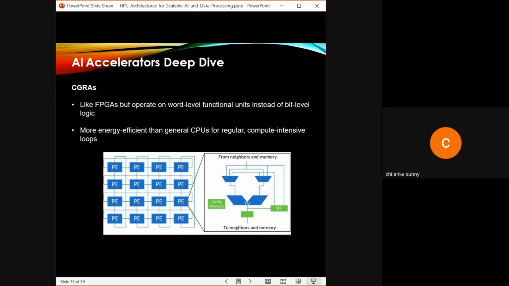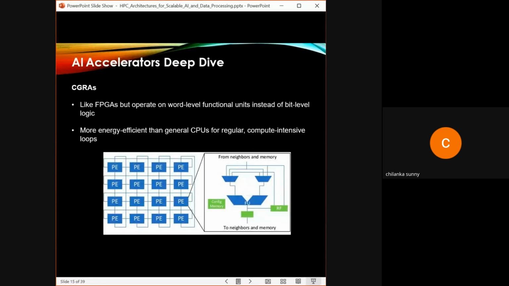But the trade-off is the toolchain complexity. The compiler will be very complicated for the CGRA because we need to map our operation nodes to the processing elements. It's not just one unit. For each operation, we should correctly identify which processing element to assign it to, and where I'll get the data for my next computation.